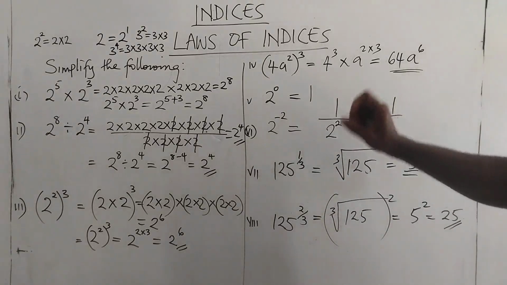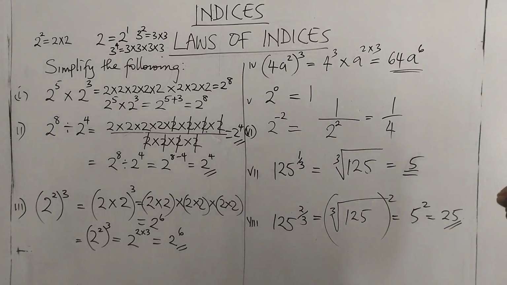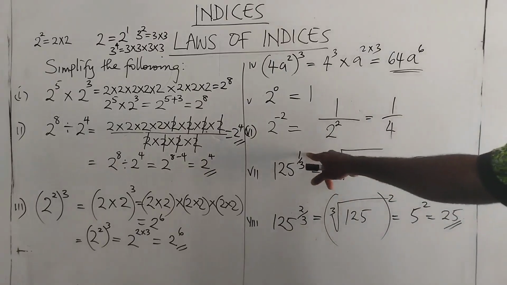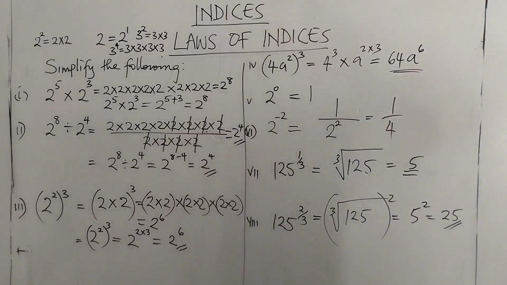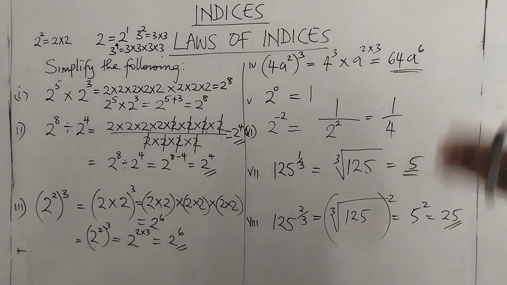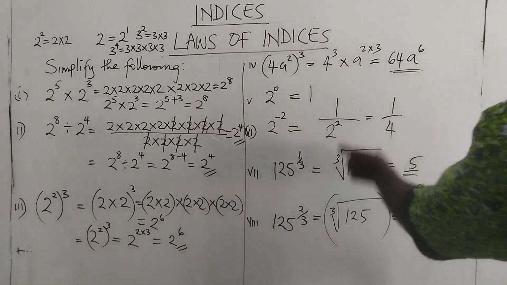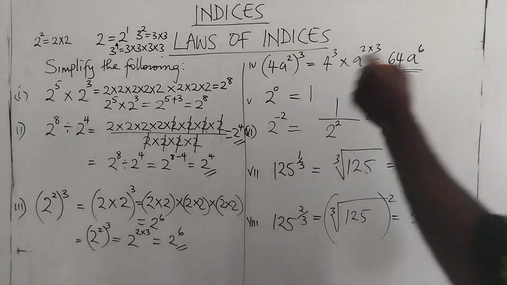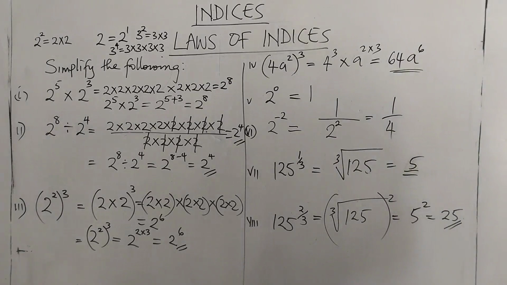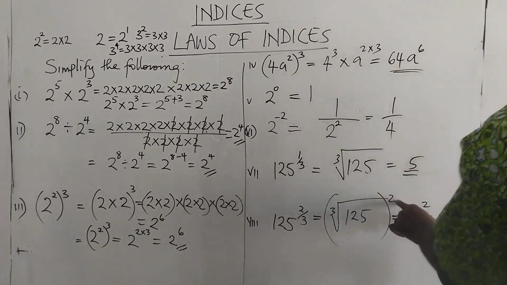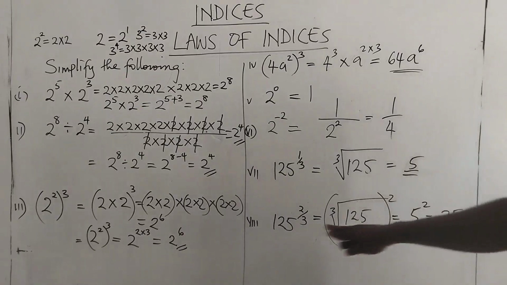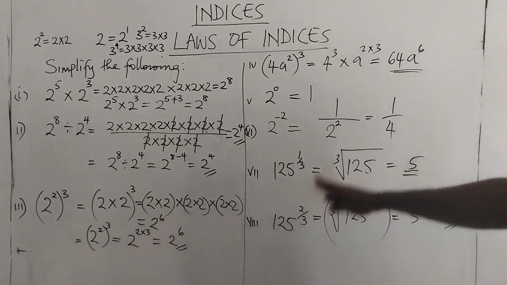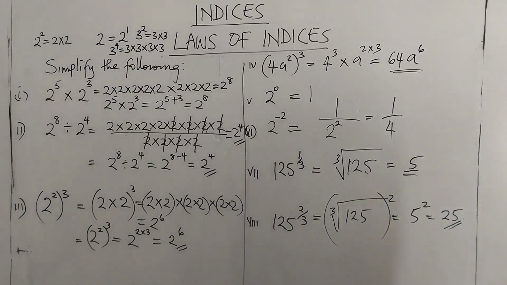Then when the index is a fraction, check whether the numerator of the fraction is 1. If it's 1, don't worry, use the denominator only. But if the numerator of that fractional index is not 1, then it will come out as a power, while the denominator of that fraction will form a root.